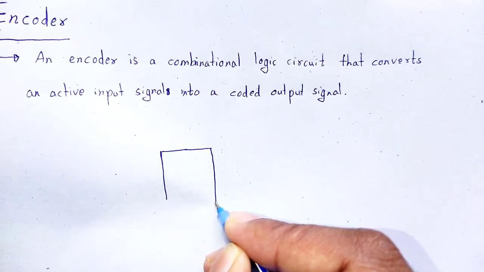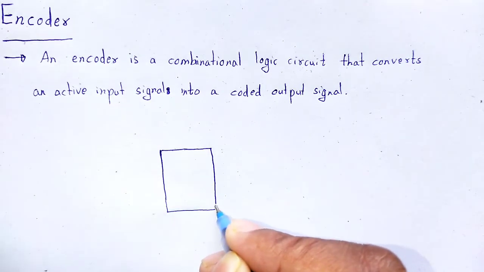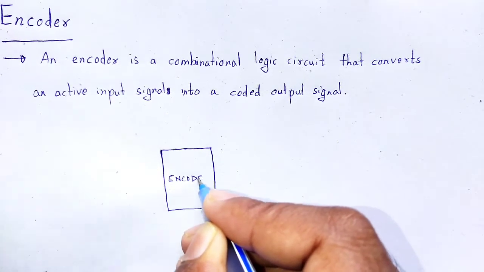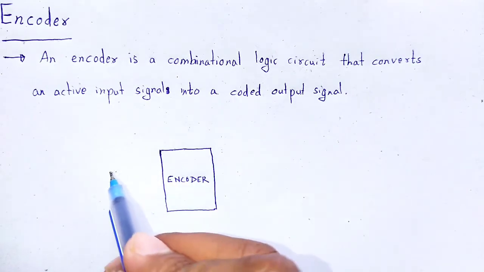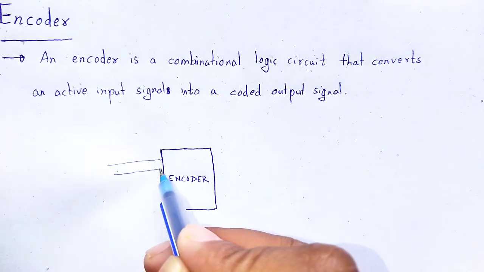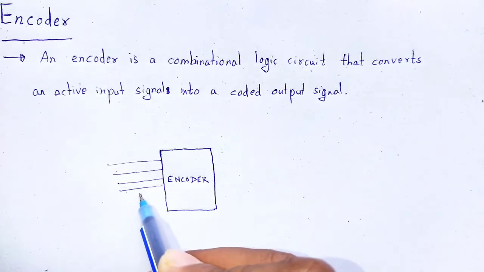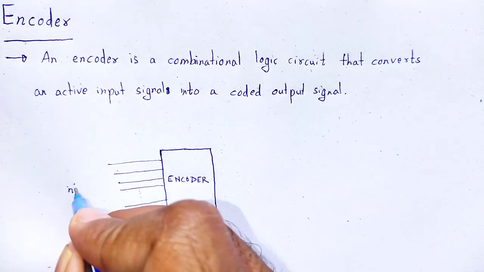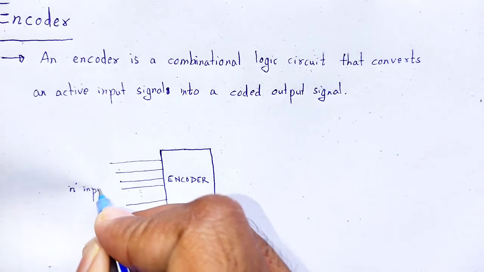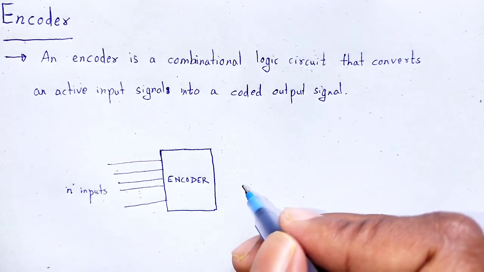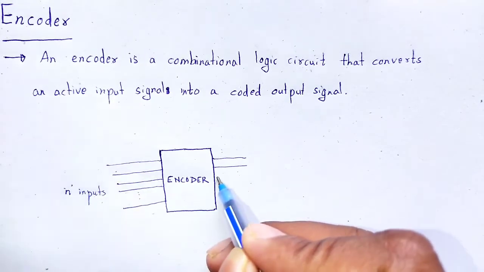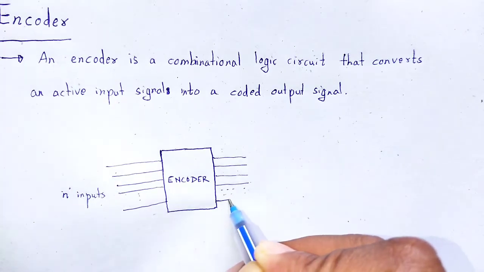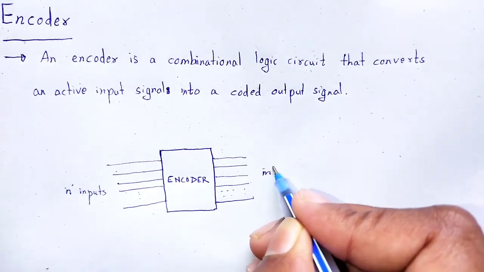Block diagram of an encoder. Let me take n number of inputs, and at output, m number of outputs.